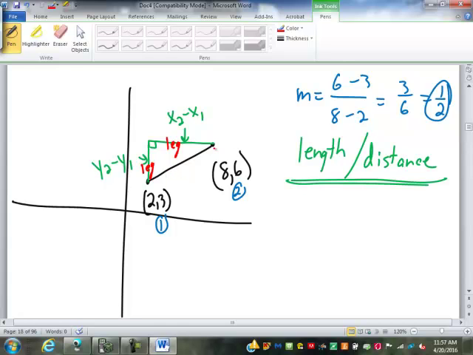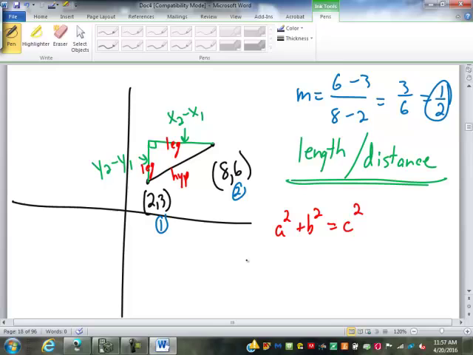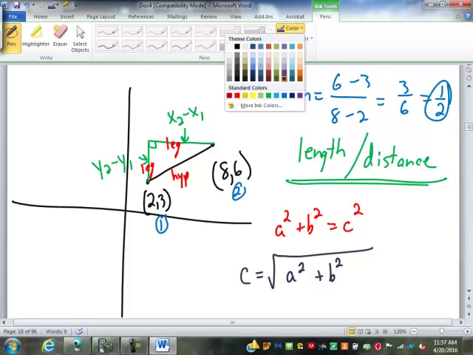And the length of this segment, or the distance between the points, is the hypotenuse of that right triangle. We have the formula a squared plus b squared equals c squared, where c is the length of the hypotenuse. Many of you may have seen that formula rearranged just a little bit, with the c up front, and instead of c squared, it's the square root of a squared plus b squared. And that's the form we're going to work with here.